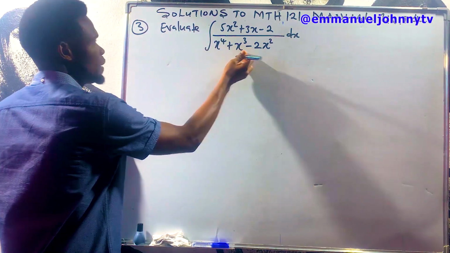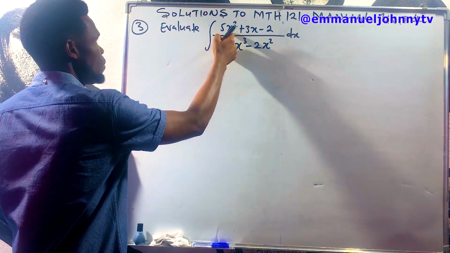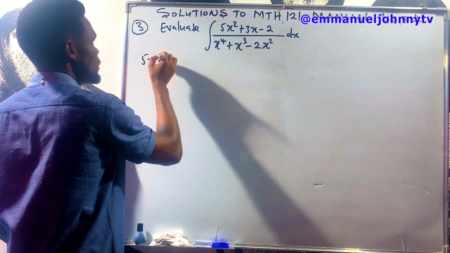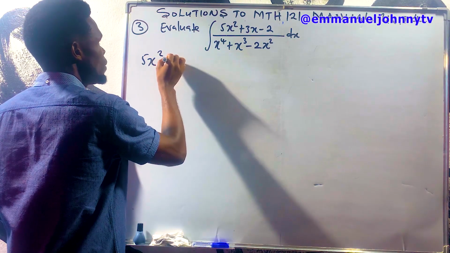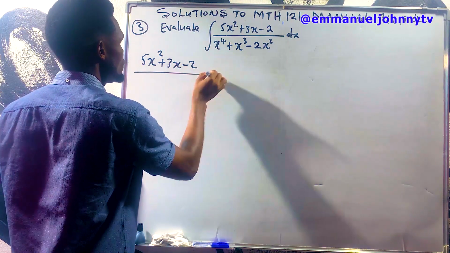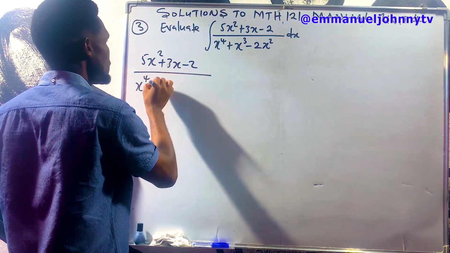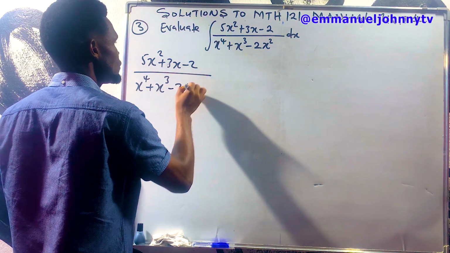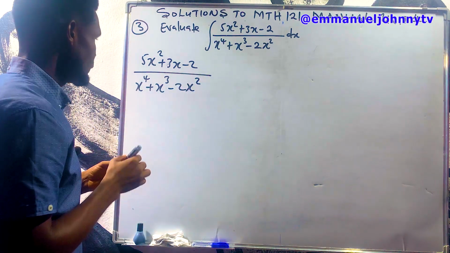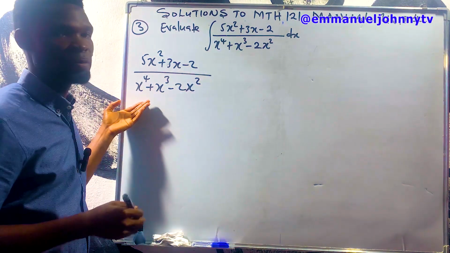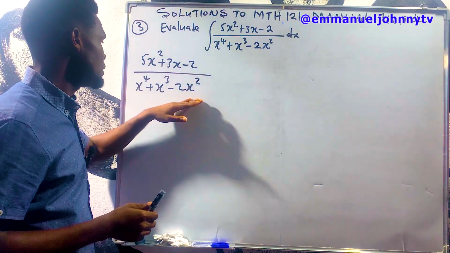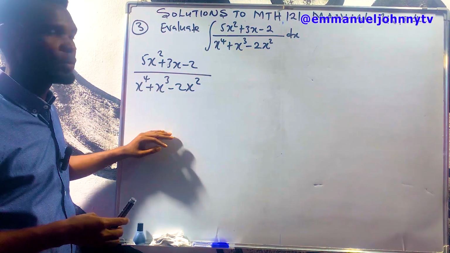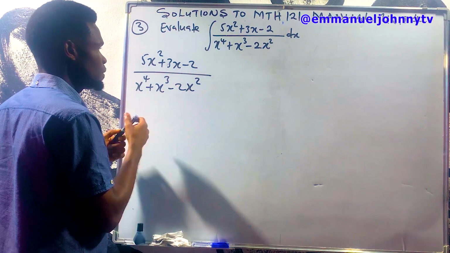Okay, pick the denominator. Remember, what we have is 5x squared plus 3x minus 2 all over x raised to the power 4 plus x cubed minus 2x squared. Pick the denominator and then simplify it, or let's say factorize it.